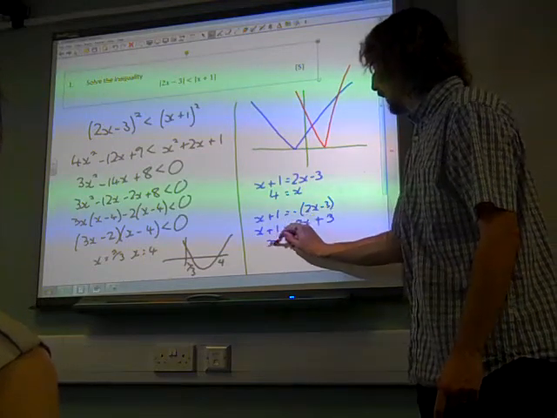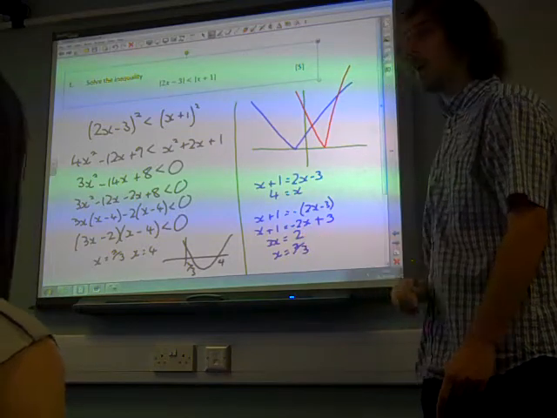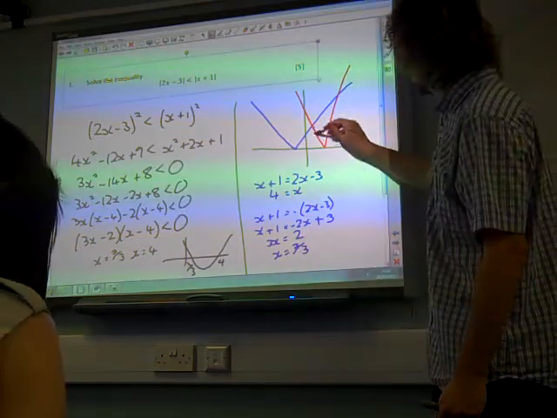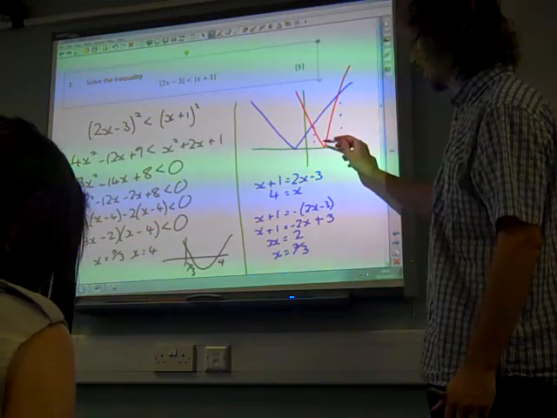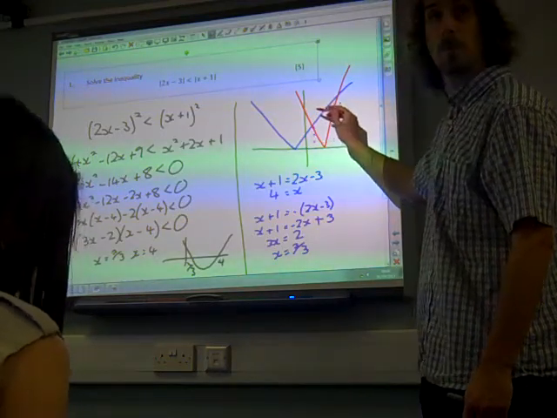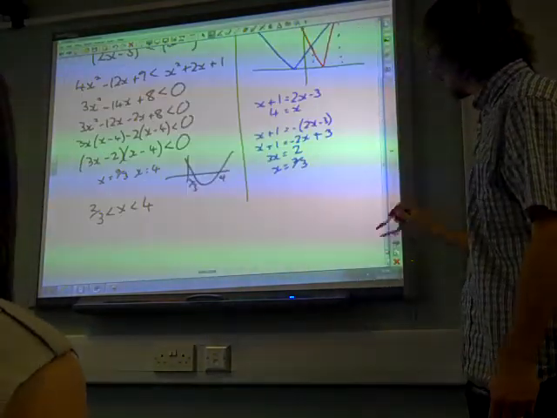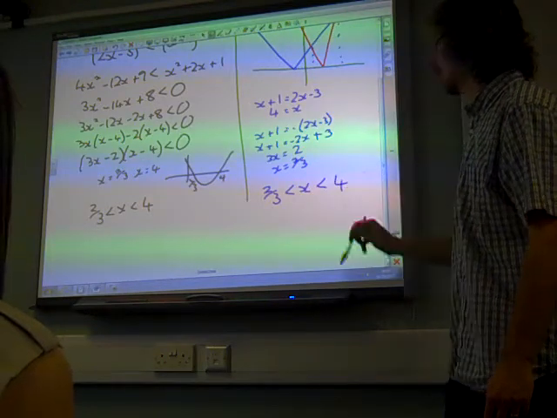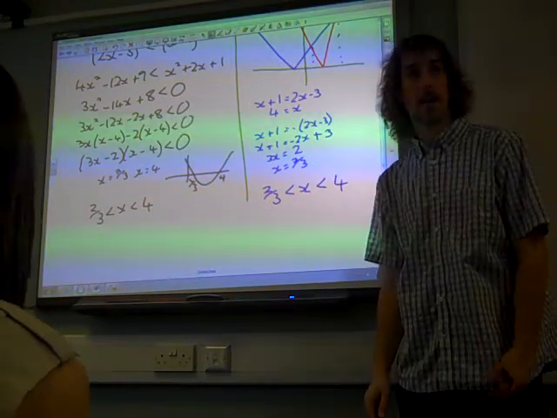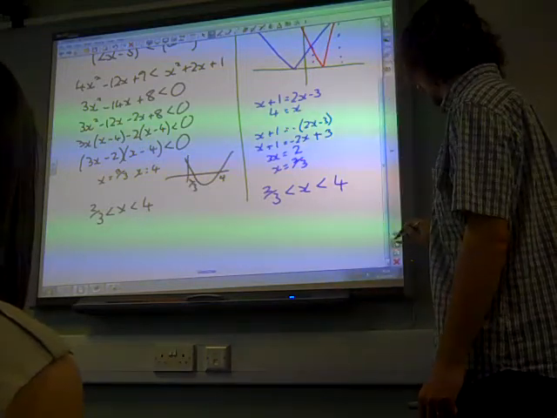We've got 3x equals 2, so x is 2/3. So we've got these 2 points here, and the bit we're interested in is where the red one is underneath the blue one. The red one is less than the blue one, so it's between the two values, and so we get, amazingly, the same answer either way. And either method of doing that is worth all 5 marks, which is great.